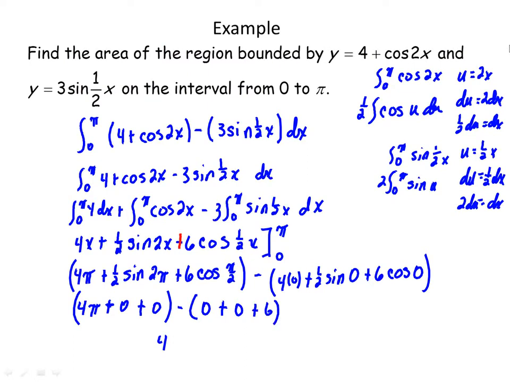So you're going to have 4 pi minus 6. Now that I do expect you to know how to do. Clear out the cobwebs. That's all I can say.